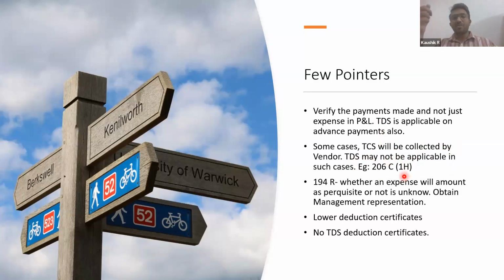When TCS provisions are applicable and they have already done the TCS, then in such a scenario, TDS may not be applicable. So you should understand the interplay between TCS and TDS and see what is applicable and what is not.